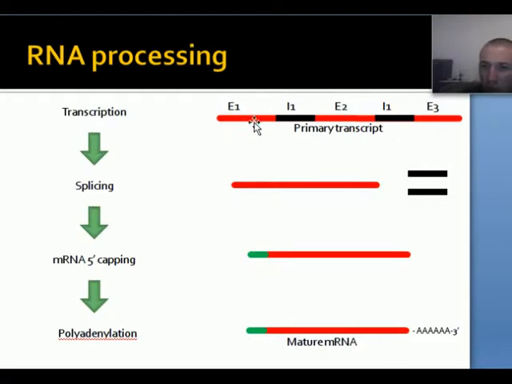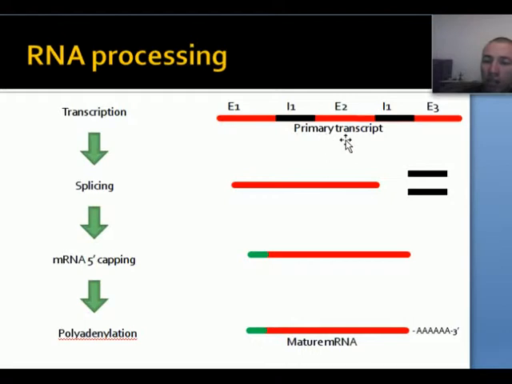For example, in here we have this portion of the RNA called exon 1, exon 2, exon 3 and so on, and we have these parts called intron 1, intron 2, intron 3 and so on.